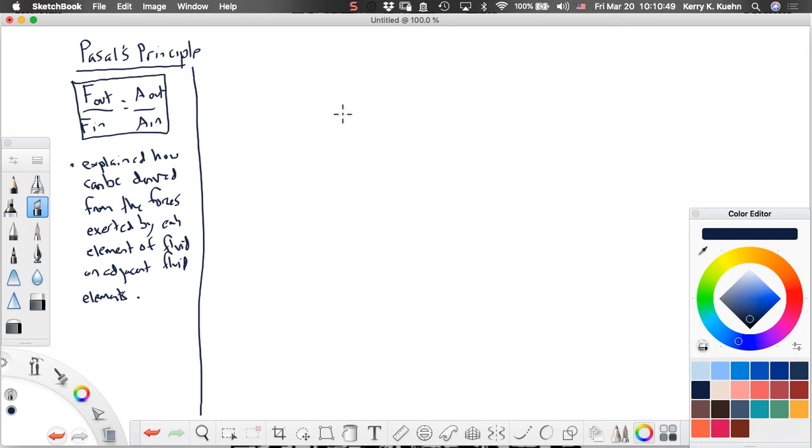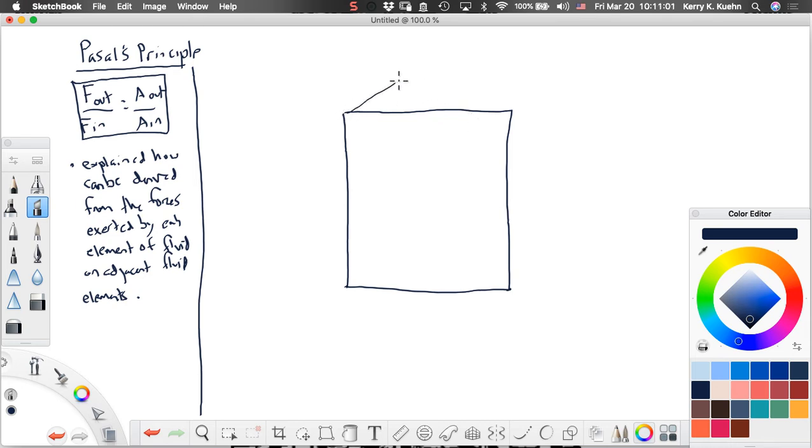So I want you to think about a large chamber of fluid. I'm going to draw this large fluid chamber. To make it easy, I'm going to have a cubical chamber like this.